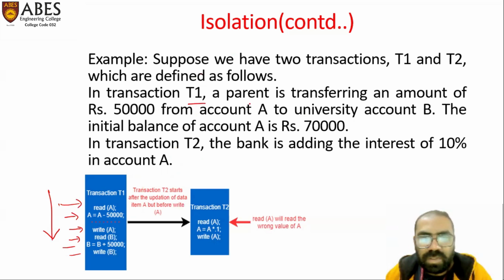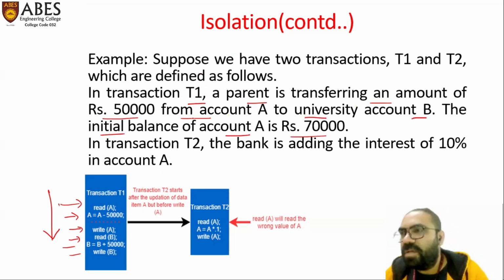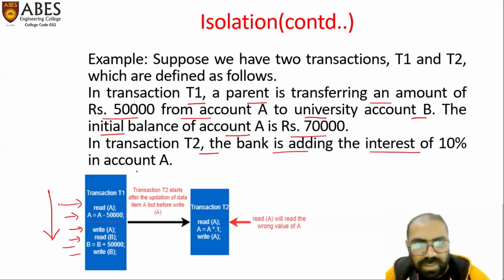In transaction T1, a parent is transferring 50,000 from account A to the university account B. The initial balance of account A is 70,000. So after transferring 50,000, we are left with 20,000. Now in transaction T2, the bank is adding interest of 10% to account A. So read A, multiply by 1.1, and write it.